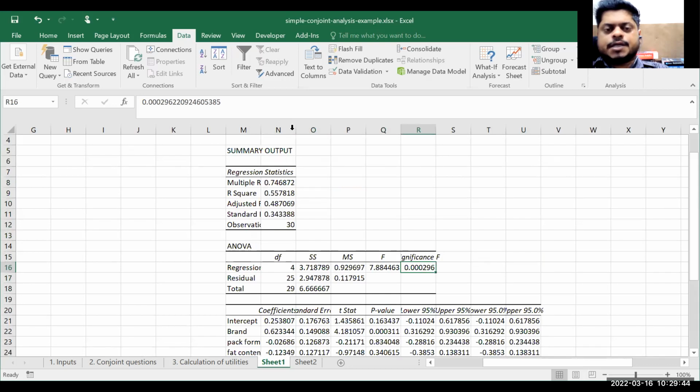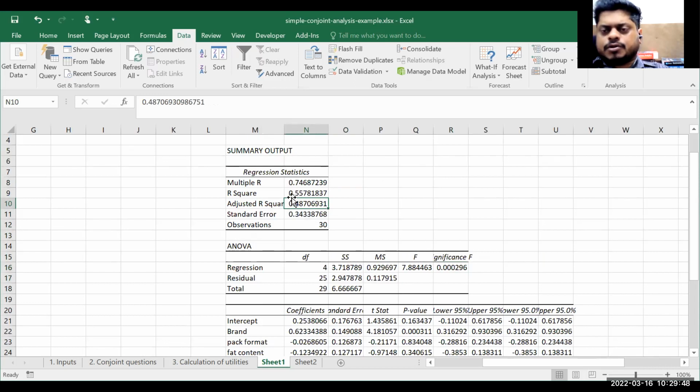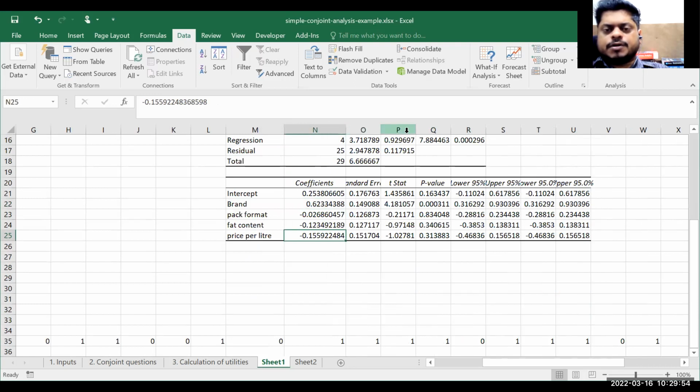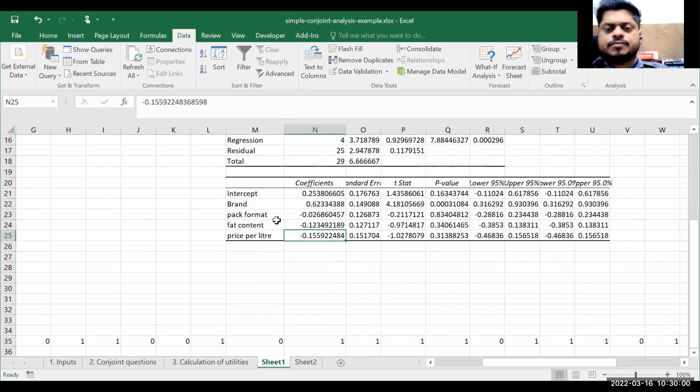So in these regression statistics, we are not that much interested here because we are only interested in this part of the equation, whether they are significant or not, right? If you see, we are mostly interested in these coefficients, right?